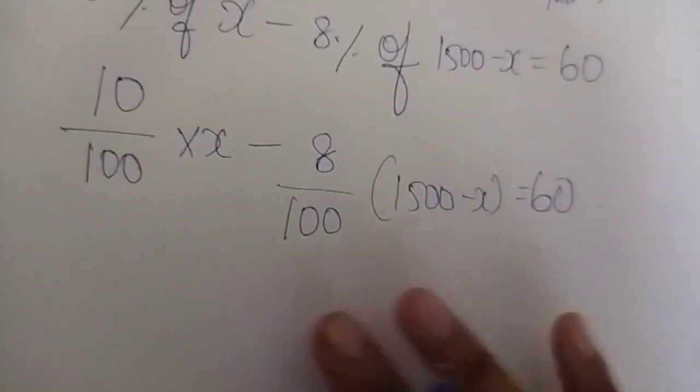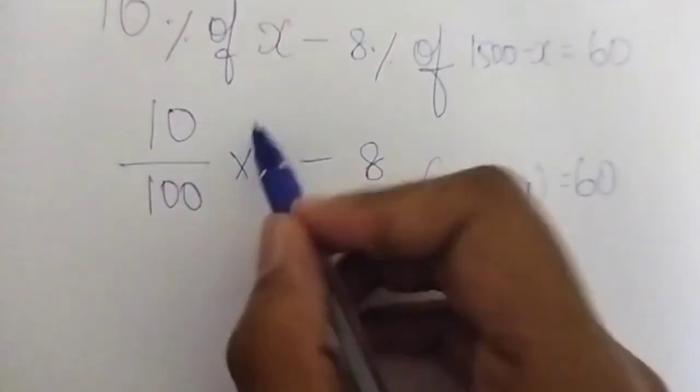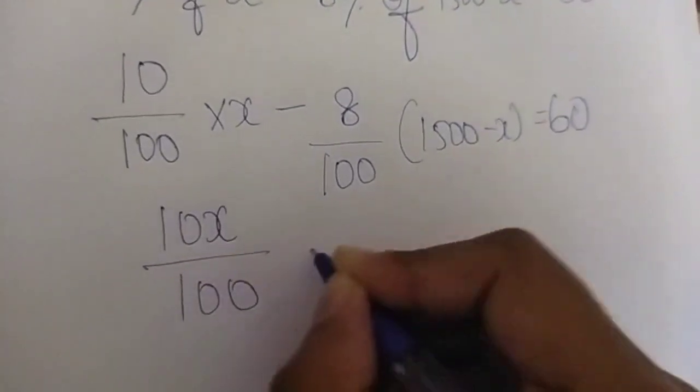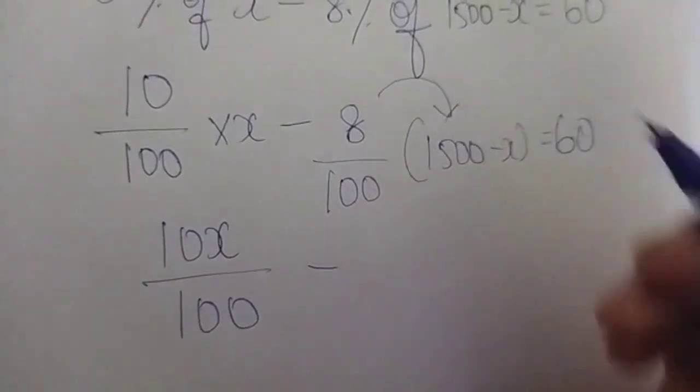10 by 100 into x means 10x by 100, minus 8 by 100. Let me multiply inside.